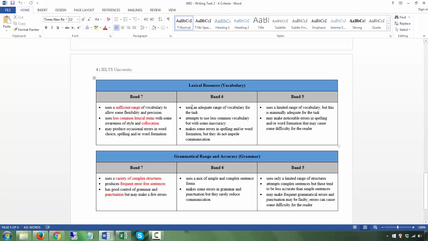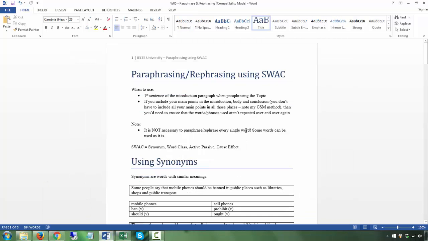Okay, whatever that means, that's up to the examiner to interpret. But what you want to do is show the examiner that there is a range to the words that you use, and you do not use the same words always, and especially you do not copy the words from the question.